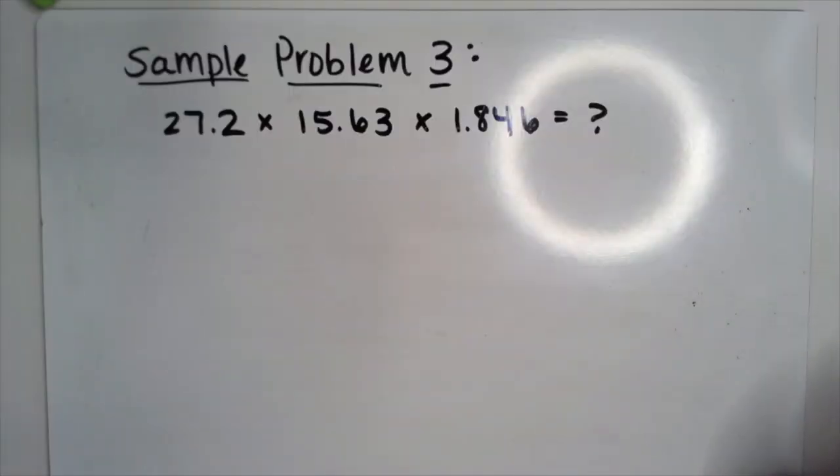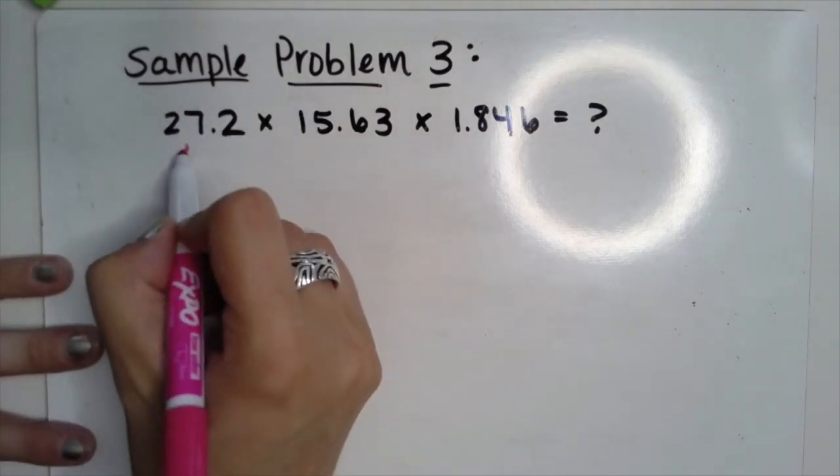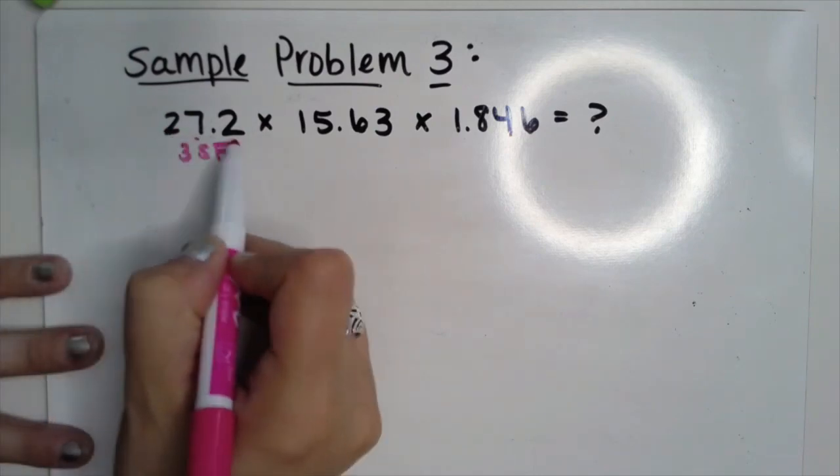And here's sample problem 3 with a multiplication example. So in this case, we don't care about the number of places after the decimal point. What we really care most about is how many significant figures each individual number has. So let's look at 27.2. This value has 3 significant figures. 1, 2, 3.